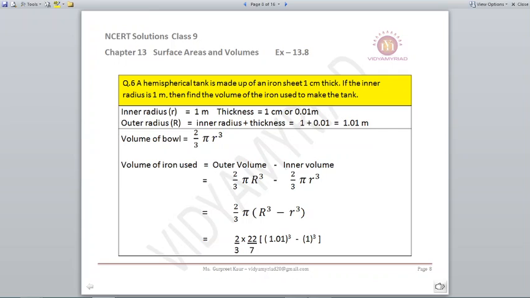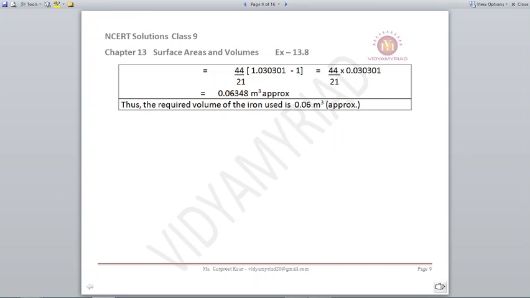So 2 upon 3 pi, in the bracket we can take it as outer radius cube minus inner radius cube. So outer radius is given to us as 1.01 cube minus small radius is 1 cube. When we use this, we get answer as 0.06348 meter cubes approximately, or we can also write the volume of iron to be used is 0.06 meter cube.